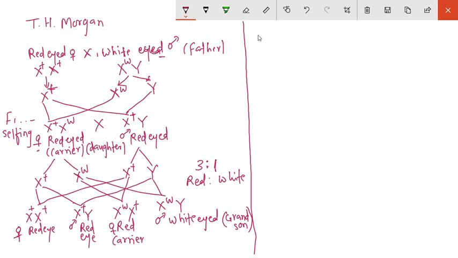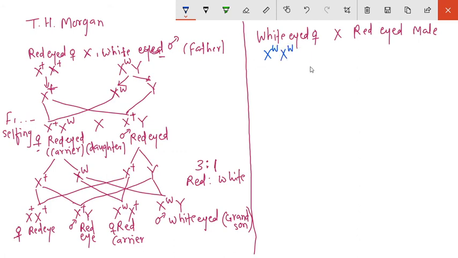The reciprocal cross means a white-eyed female crossed with a red-eyed male. The genotype: the white-eyed female is XW XW.